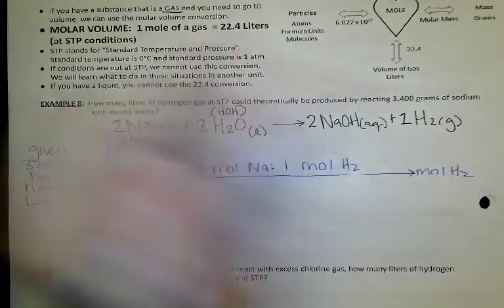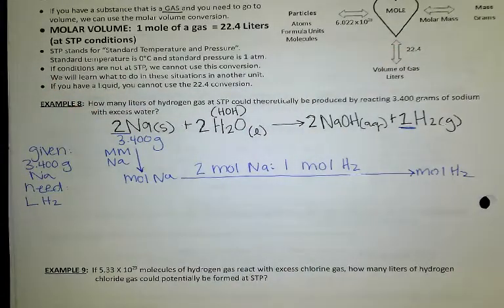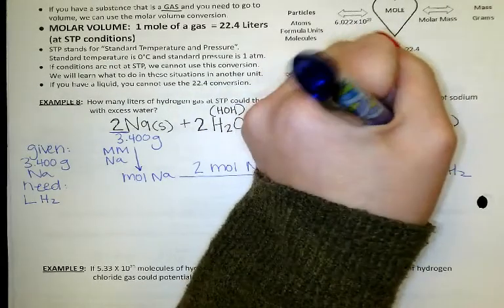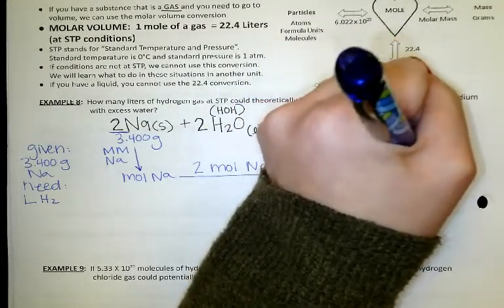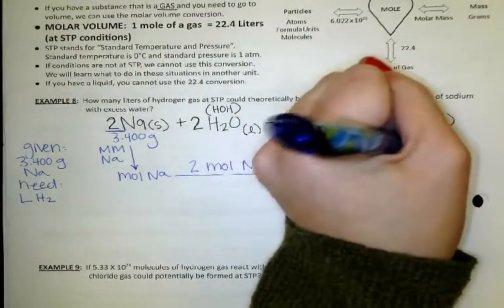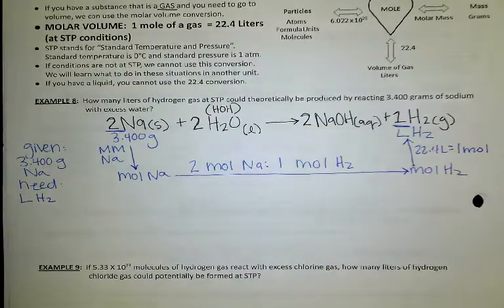That mole-to-mole ratio comes from our balanced equation, so it's our coefficients from our balanced equation. Then we're going to go from moles of hydrogen to liters of hydrogen. Okay, this is when we're going to use our 22.4. So there's 22.4 liters in 1 mole. It doesn't matter what kind of gas you're talking about. It could be hydrogen, it could be nitrogen, it could be carbon dioxide, but the conversion is going to be the same. It's going to be 22.4 liters.